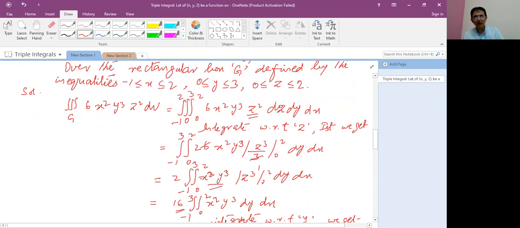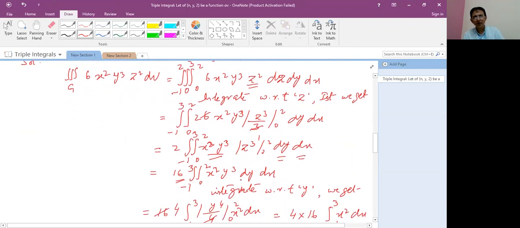Now the remaining element is x squared y cubed dy dx. So student, after the integration with respect to z, in this step we will integrate with respect to y.